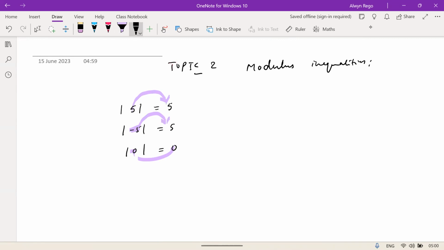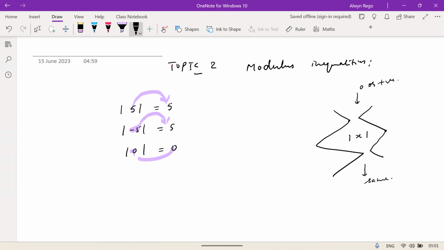So basically, if you consider the mod function as a kind of machine, let's say this is the modulus machine. If you feed a number which is 0 or positive, the number will come out as it is, the same.